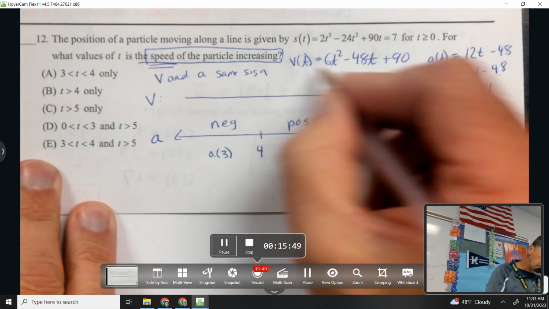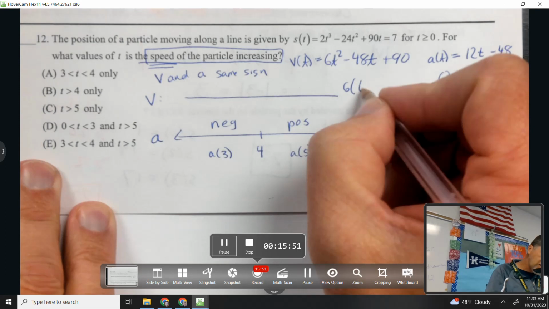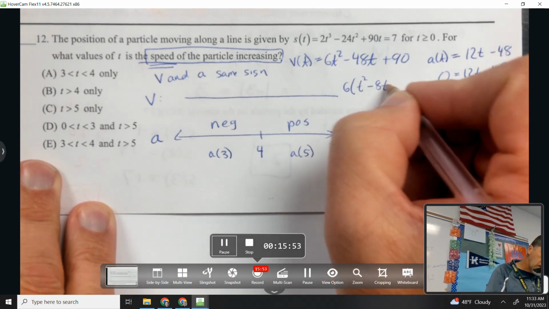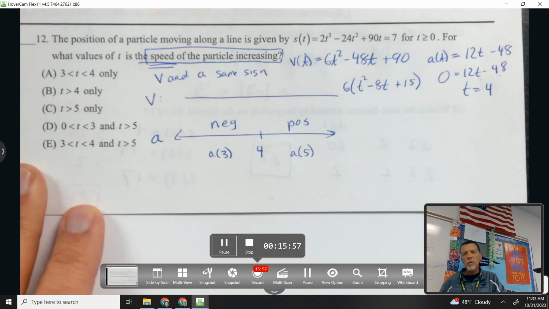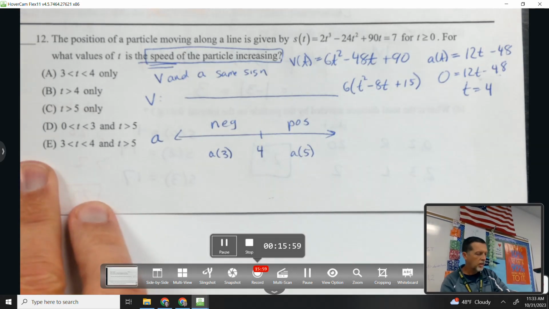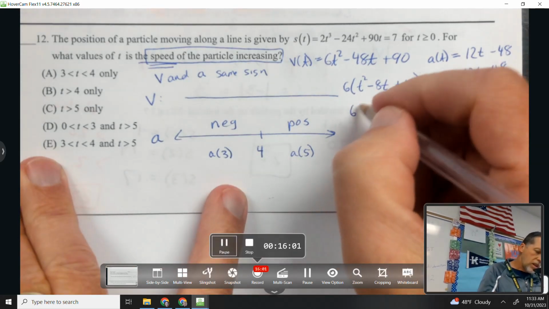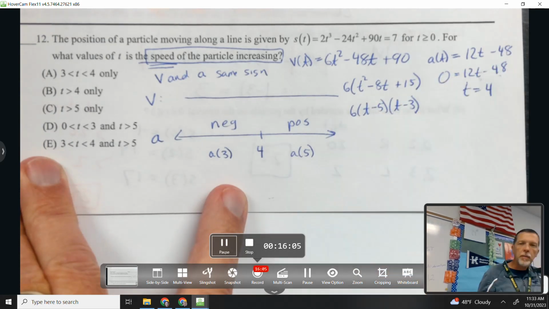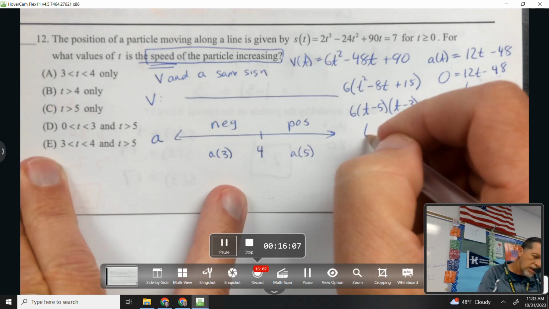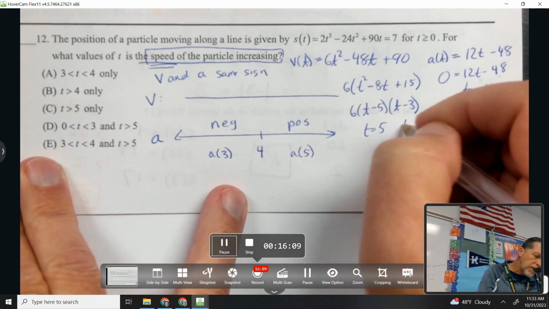So let's see, if I factor out a 6, it's nice when they rig these problems to work out for us. So t minus 5 and t minus 3. So t equals 5 and t equals 3.